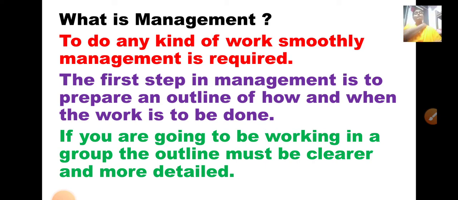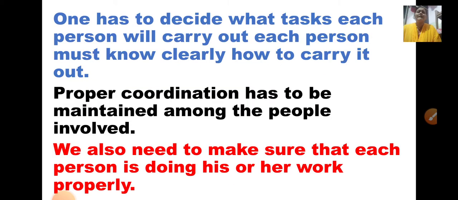So you have to divide the work when you are going to work in a group, and you always have to keep a track of how much of the work is completed by each person. So first you will prepare an outline and then you should be clear and detailed while distributing the work in the group. Okay. One has to decide what task each person will carry out.